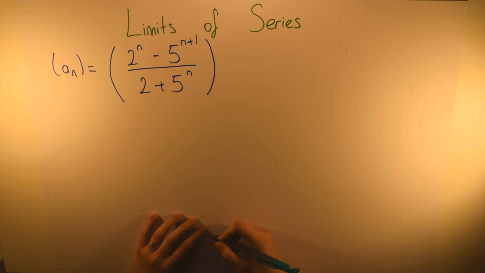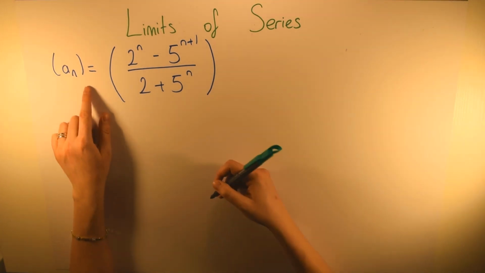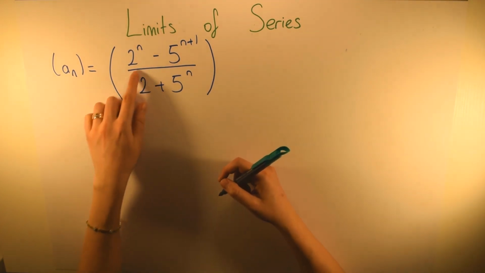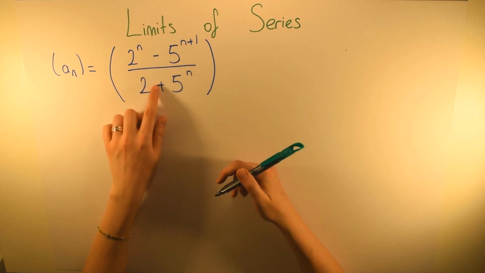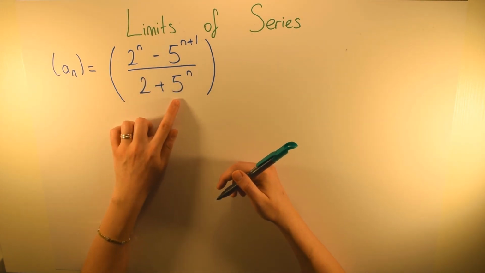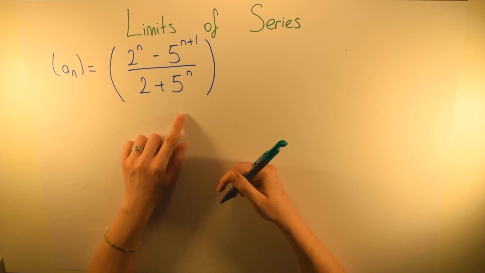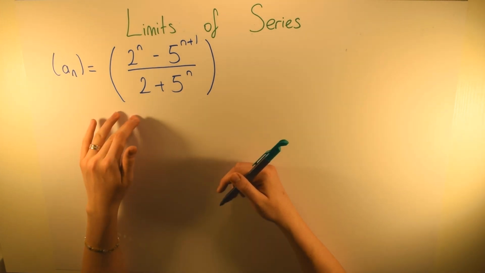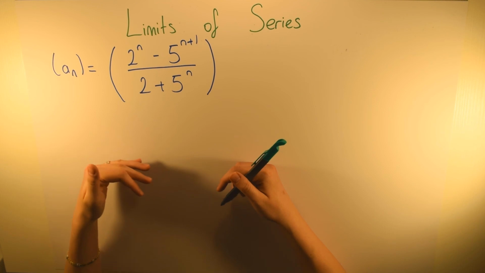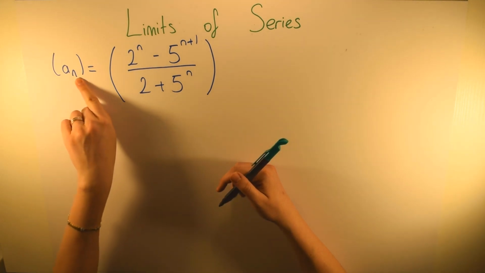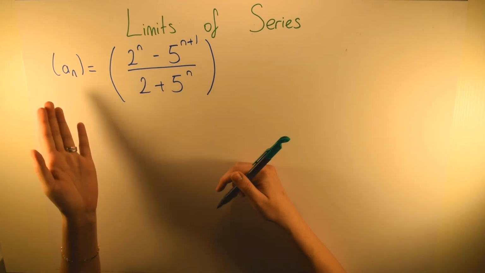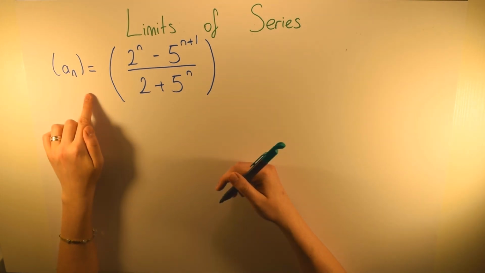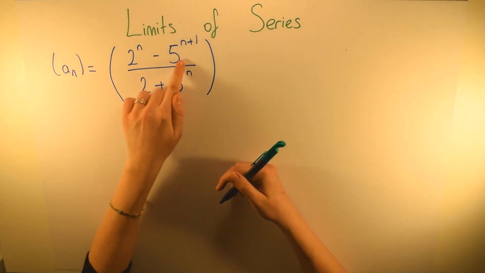Limits of series. Let's say we have a limit like this: a_n is equal to 2 to the power of n minus 5 to the power of n plus 1, over 2 plus 5 to the power of n. How do we find the limit of this series? They don't have to tell us where n approaches, okay? Because we know that a series increases to infinity, so these n's are approaching infinity.